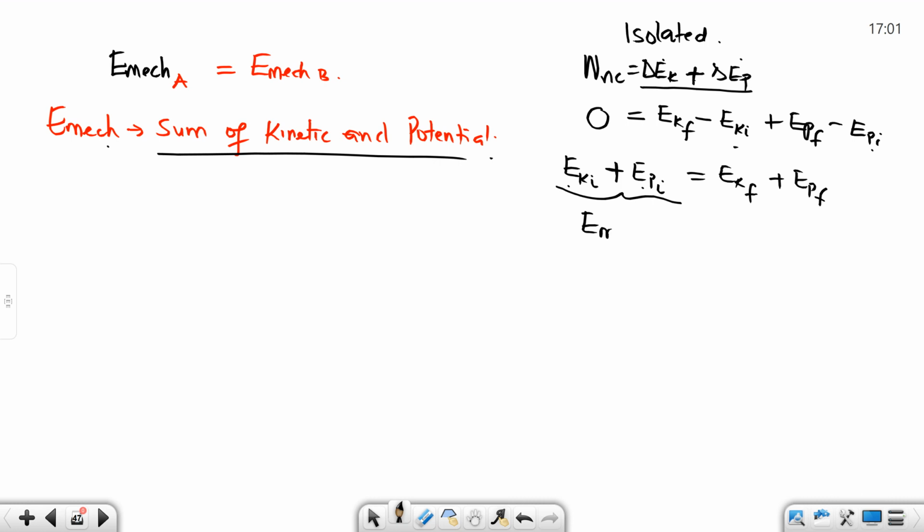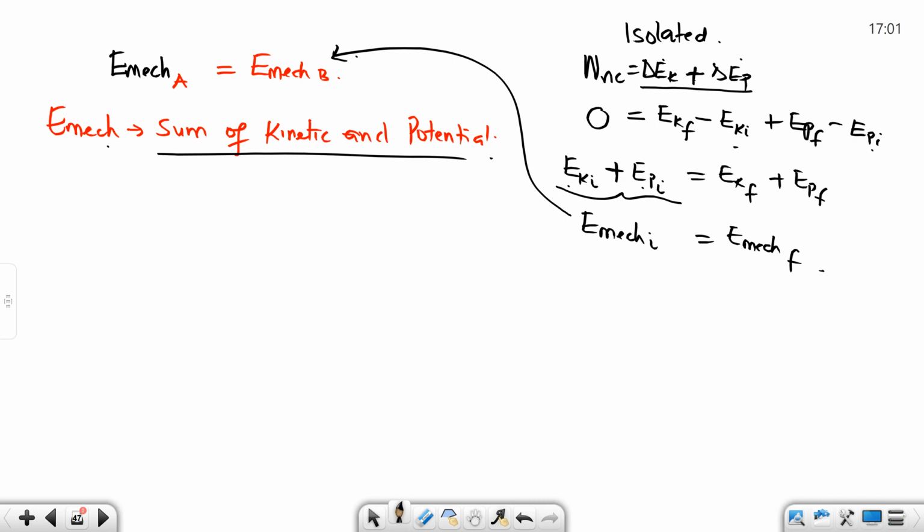So what are we saying? Mechanical energy initial is equal to mechanical energy final. So in an exam, should you forget that law, use that. It's the same thing. Mechanical energy at point A is equal to mechanical energy at point B. What is mechanical energy?